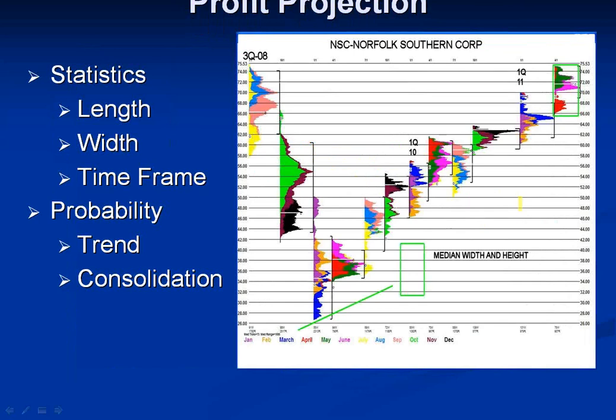As far as profit, entry and exit is basically the same thing. You're going to look for support or resistance areas. However, one of the things I really like to do is I make these boxes here, and really the box is the median or the average length of, well, this is I believe a quarterly chart, the average length of a quarter. Incidentally, I love looking at stocks in quarters.